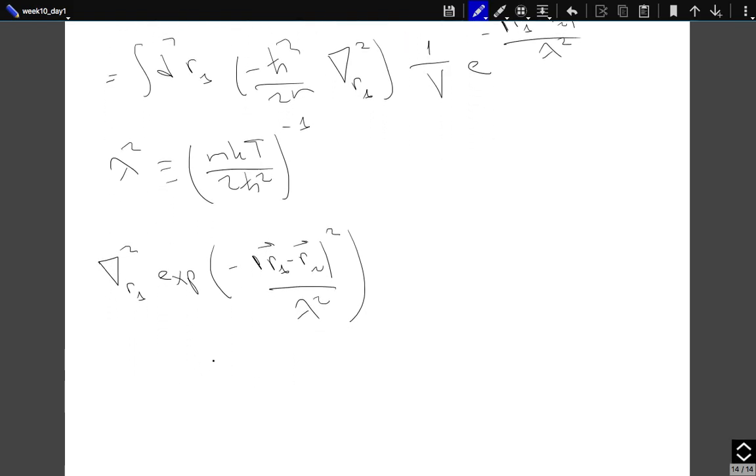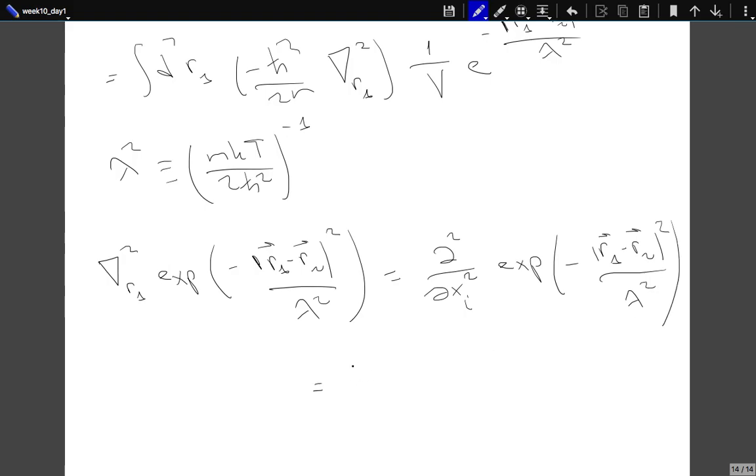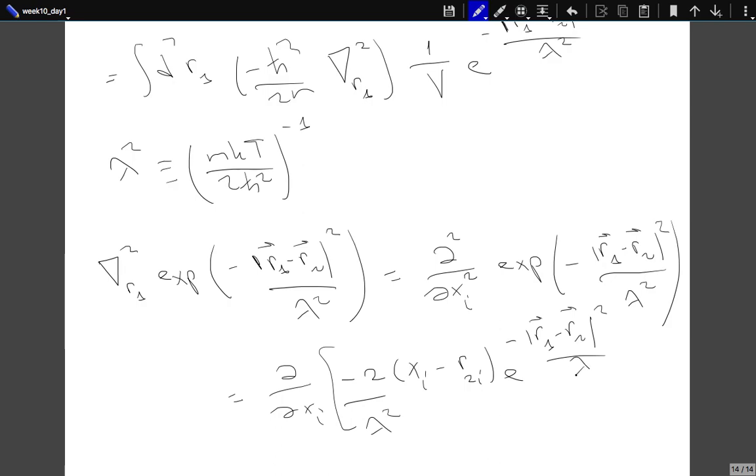So this is equal to the derivative with respect to xi, the xi being the x, y, z of r1, of the exponential of minus (r1 minus r2) squared over lambda squared, which is minus twice (xi minus r2i) divided by lambda squared, e to the power minus (r1 minus r2) squared over lambda squared.